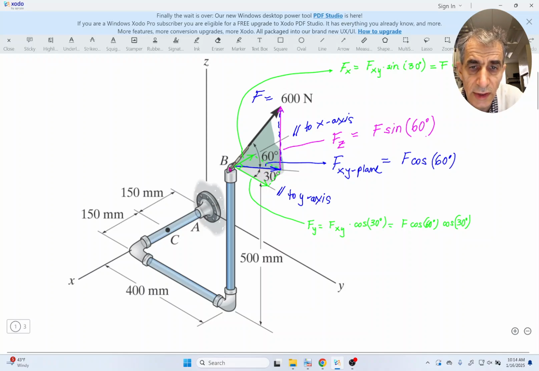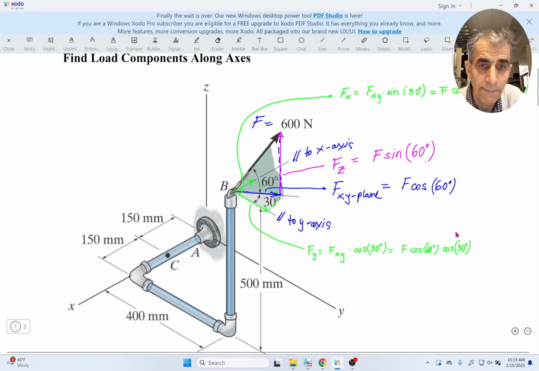We can see that this y component is the adjacent leg to the angle of 30 degrees. So in that case we use the cosine rule. Fy is going to be Fxy times cosine of 30 degrees. And then if we plug this in, we have F cosine 60 times cosine 30.